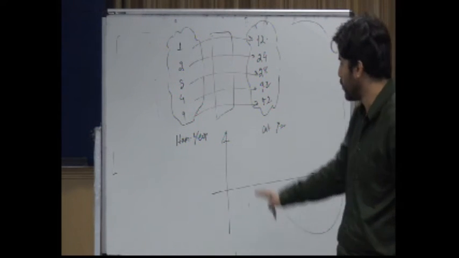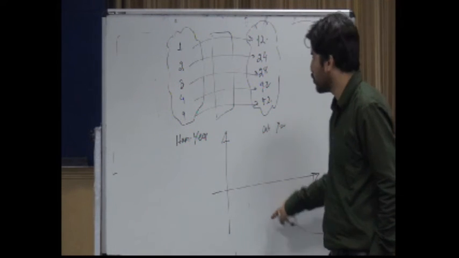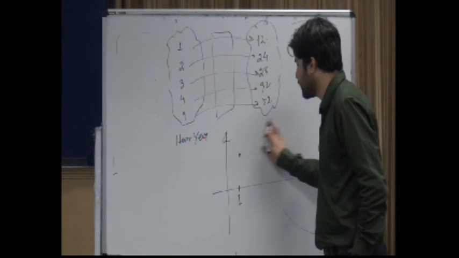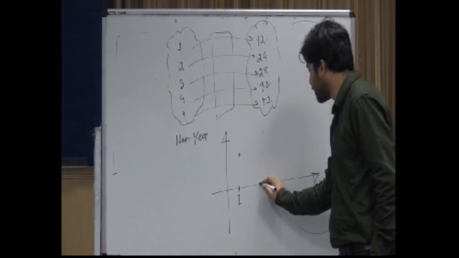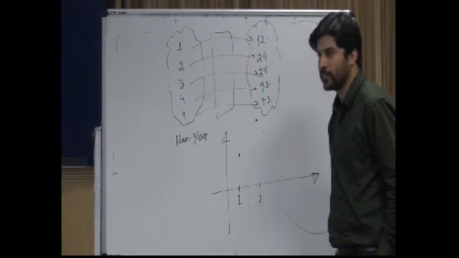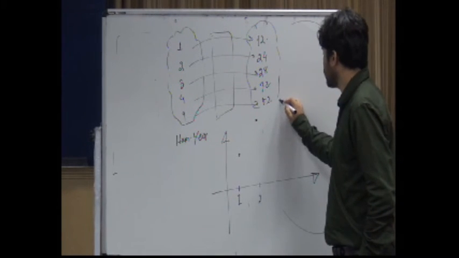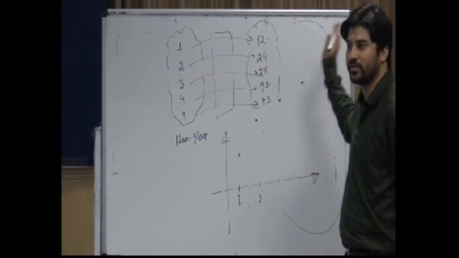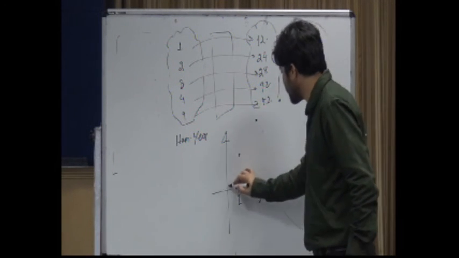So I'm going to put my human year here. So with 1 you will plot 12, right? With 2 you will plot 24, then 28, 32, 36. Will we go this way? So it will be something like.